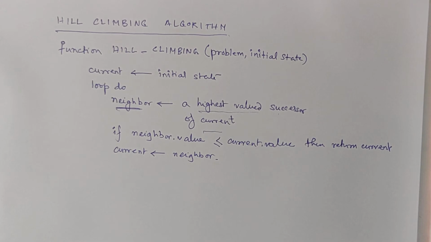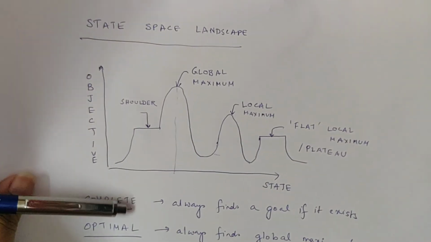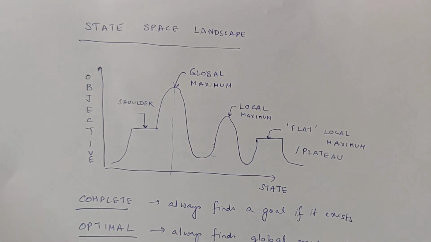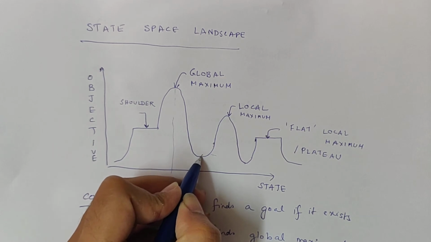So let us see the same hill climbing algorithm. Let us visualize how it turns out on this state space landscape. Just assume that this is the objective function that we have to maximize, and I started somewhere here.